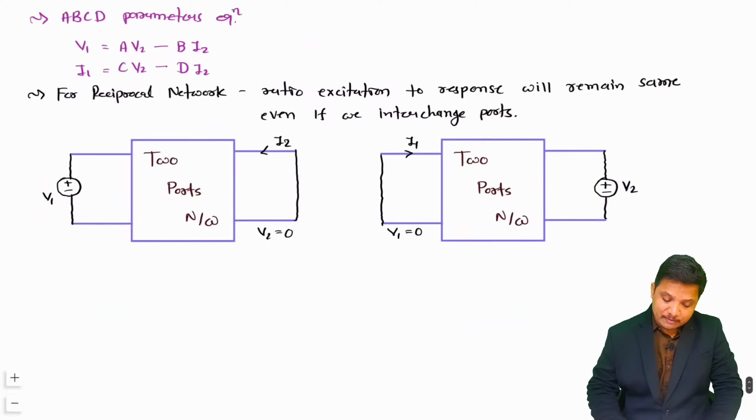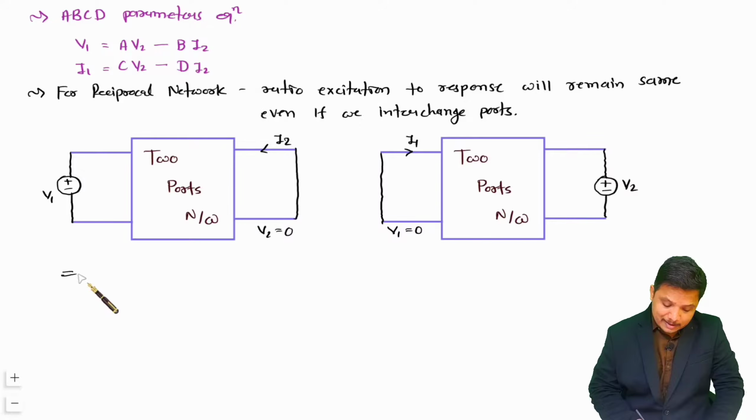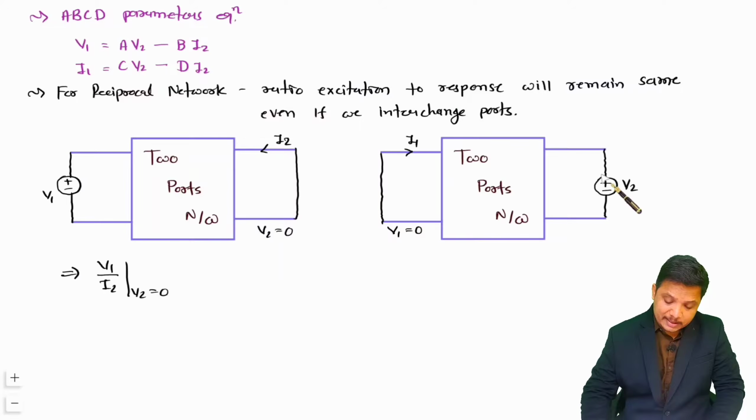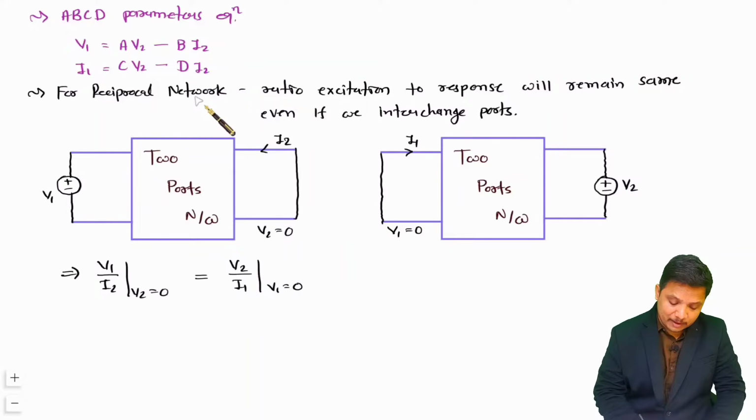As per the basic definition, for case 1, excitation is V1 divided by response I2, provided V2 is 0, and that will remain the same even if you interchange the ports. Now I have interchanged the ports, and here excitation is V2 and response is I1 with V1 equal to 0. So this is the basic definition for a reciprocal network.